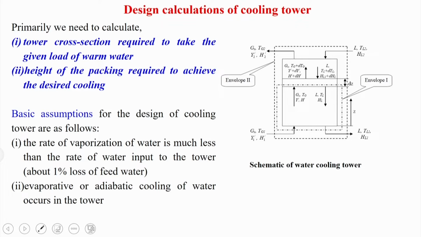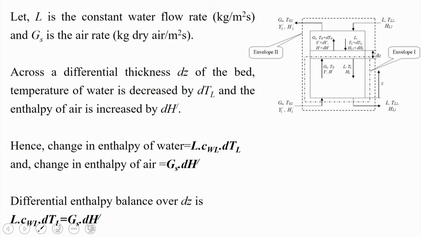The schematic of the water cooling tower is presented here in this figure. The hot water enters from the top of this cooling tower, liquid at TL2 temperature with the enthalpy HL2.